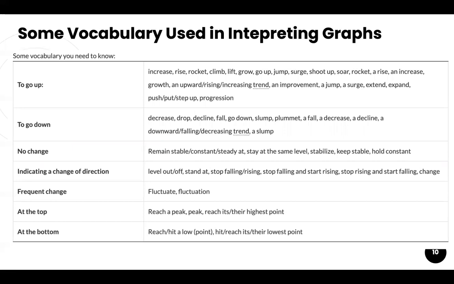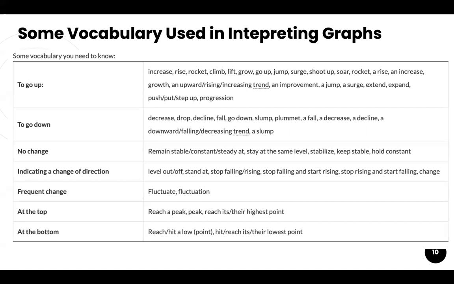If there is a change of direction, a sudden decrease, you have level off, stop falling or rising, stop rising and start falling, and all these vocabulary words. If there is a frequent change, you can use fluctuate, or there's a fluctuation. And if there is a big increase, at the top it reaches a peak, right?